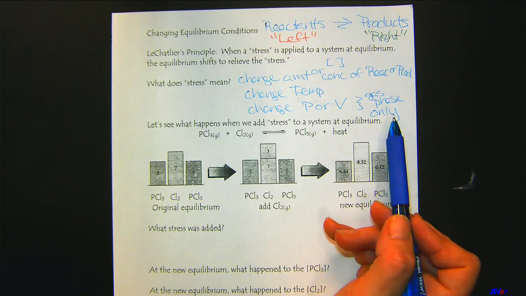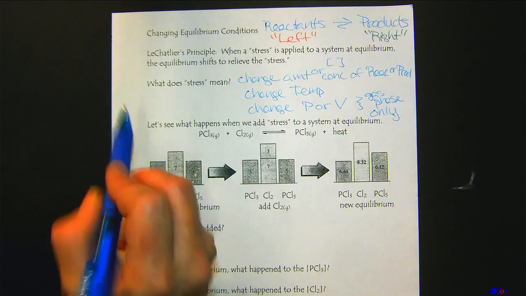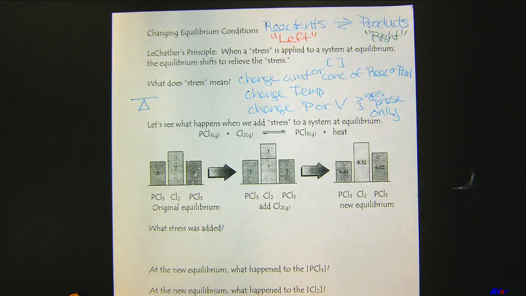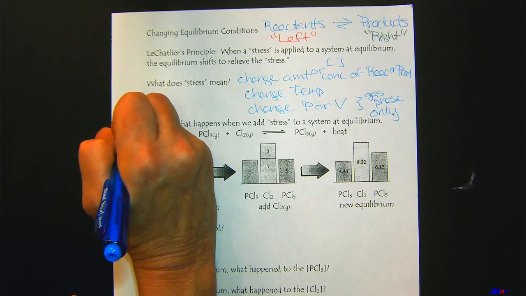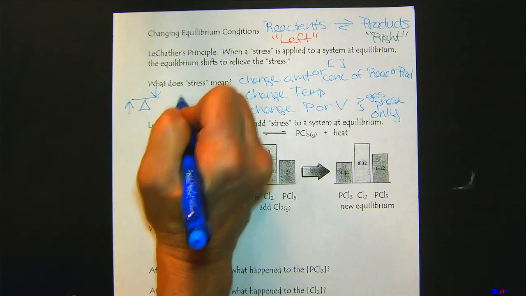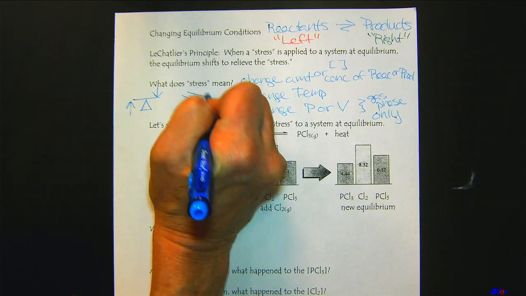Okay, so when we're doing the stress, we can think about it like this. Here's our system at equilibrium. We can increase or decrease things, and what does that do to our balance? It shifts our balance to the right.